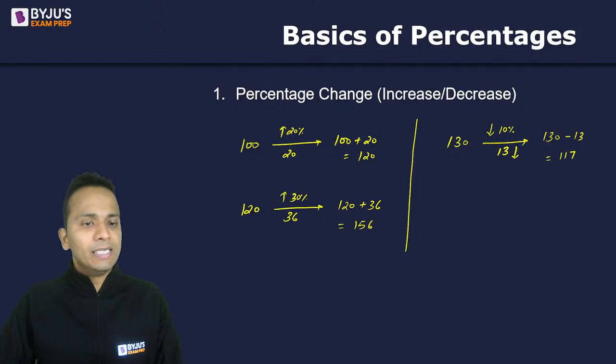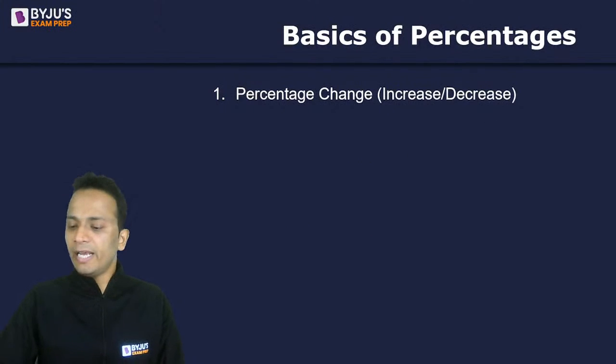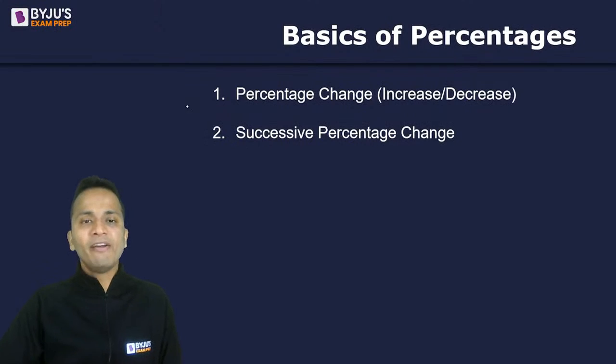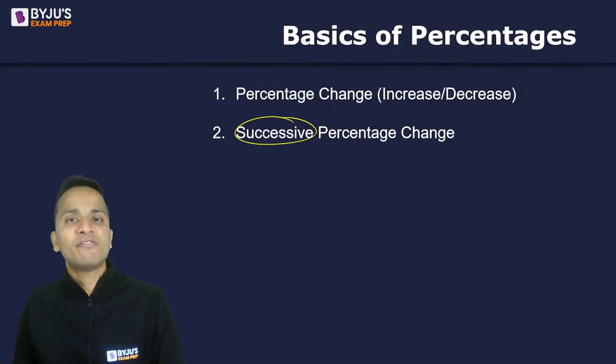Okay. Now, let's talk about our next concept, that is successive percentage change. Now, what do I first of all mean by this word successive? Successive means one after the other.